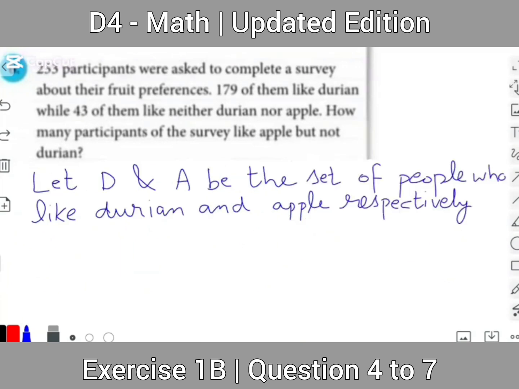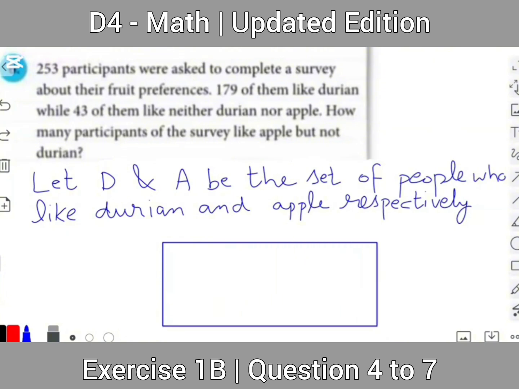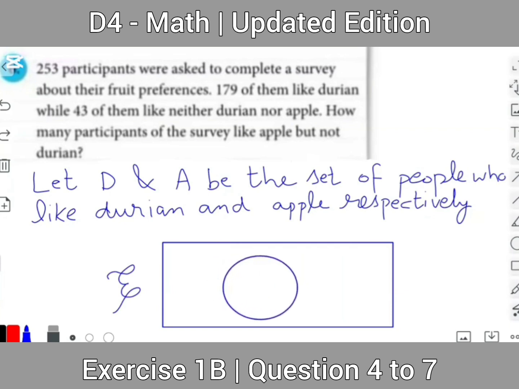So now we will draw a rectangle that represents the universal set eta. And inside it, we will draw two overlapping circles that represent the sets D and A, the sets of people who like durian and apple respectively.